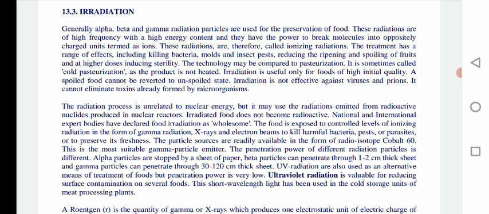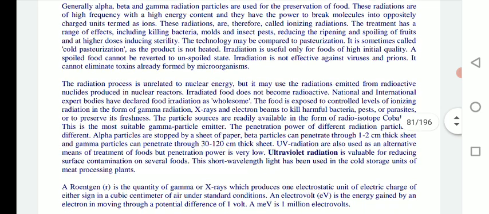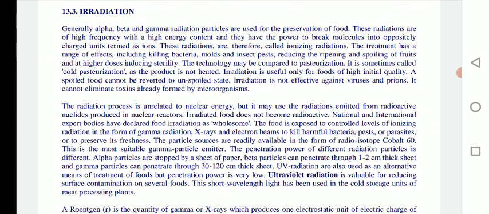They are of high frequency with high energy content, and they have the power to break molecules into oppositely charged units termed as ions. After radiation, ions get formed, and these radiations are therefore called ionizing radiations.